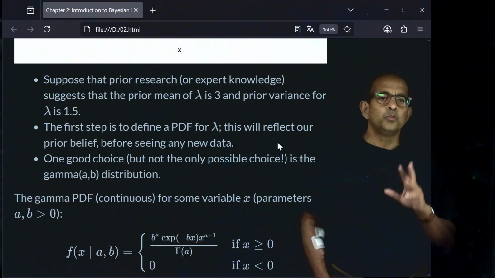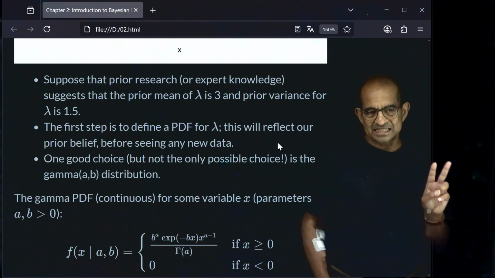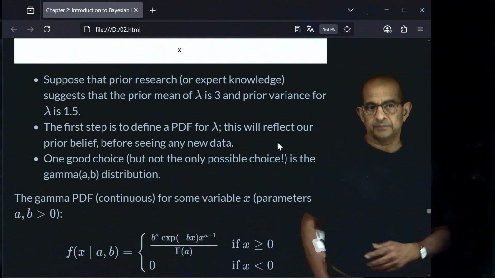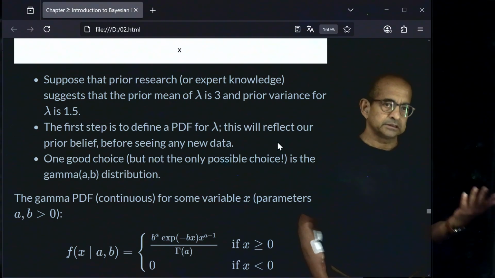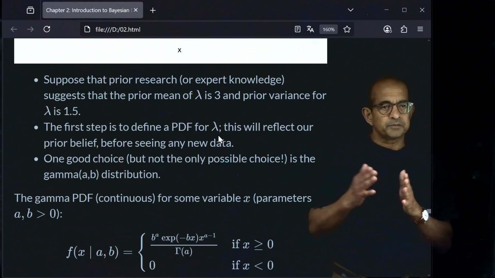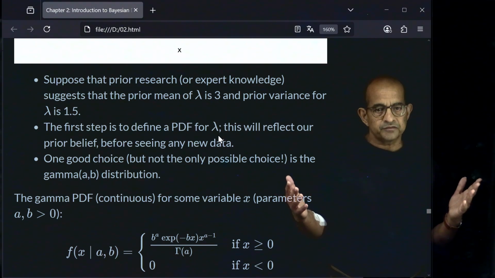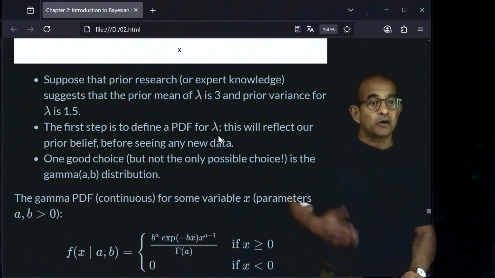So now we know two things about the lambda parameter, which will help us decide on the priors for the lambda: the mean and the variance. One interesting thing about the lambda parameter is that we can assume that it is coming from a particular probability density function that is bounded at 0.